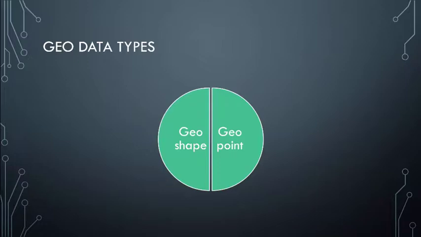The difference between GeoPoint and GeoShape is that GeoPoint is a latitude and longitude pair, and it represents a single point within a geographical map, whereas GeoShape allows you to store several points in order to create a shape, such as, for example, a neighborhood delimiter or a zip code.